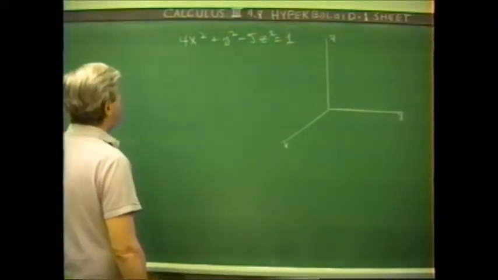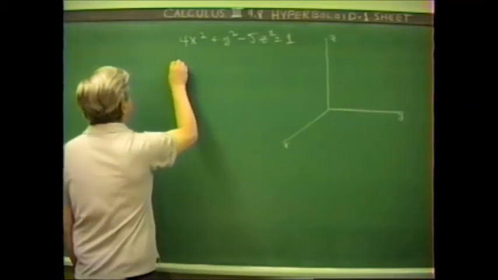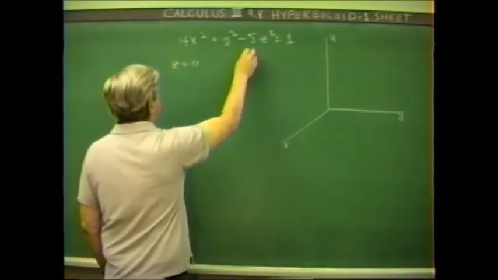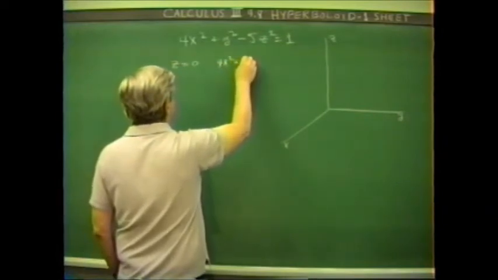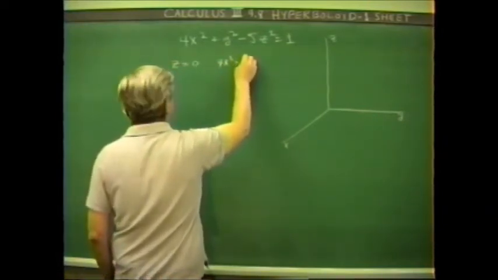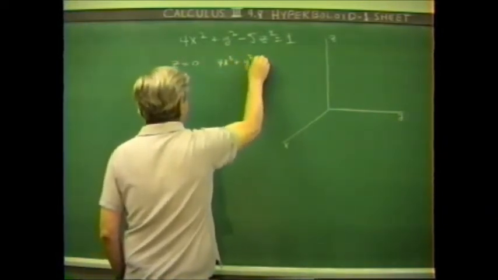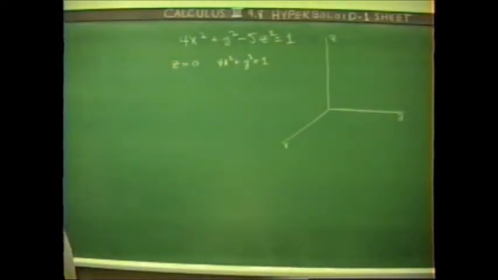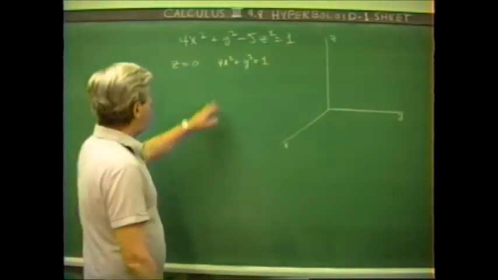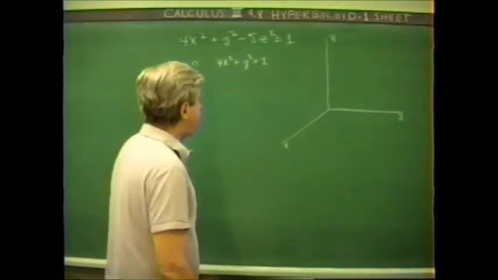Let's look at what happens when z is equal to 0. We're then looking at 4x squared plus y squared is equal to 1, and that's going to be the graph of an ellipse.